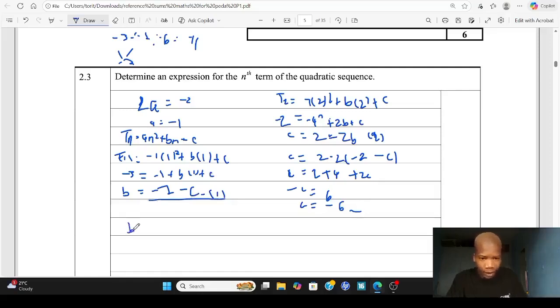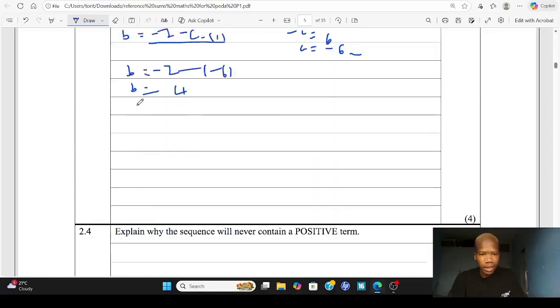So we say b is equal to minus 2 minus 6, right? So we know that the value of b is going to be positive 4, right? So the equation now is Tn, right?